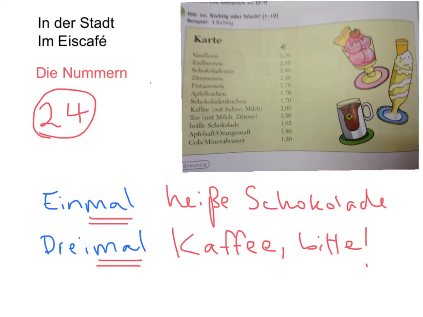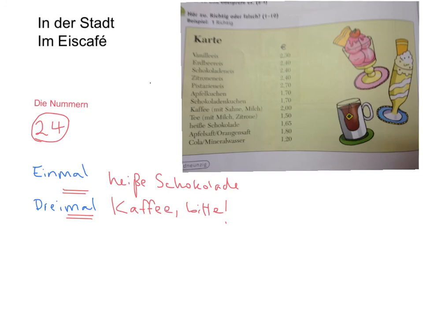Now, when you've ordered, you will hear the person behind the counter ask you for some money. And quite simply, if they're going to tell you how much it costs, how much you have to pay, they say, das macht Euro.